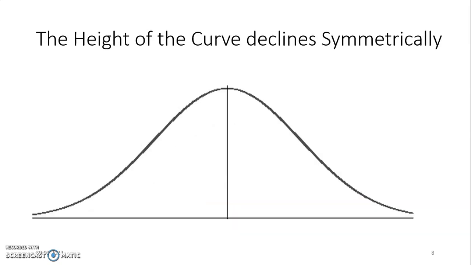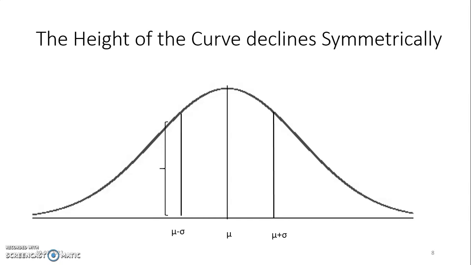Next is the height of the curve declines symmetrically. Can you see here, x minus mu on the left hand side, where mu is the mean: mu minus sigma, a 1 sigma distance on the left hand side, and also mu plus sigma, a 1 sigma distance on the right hand side.